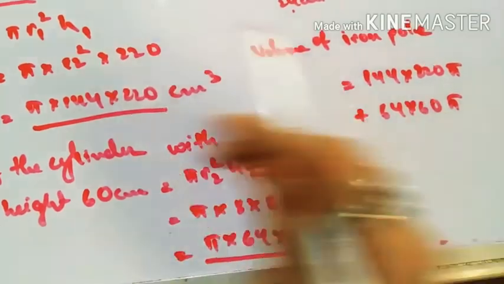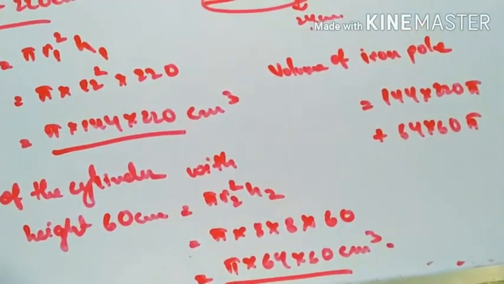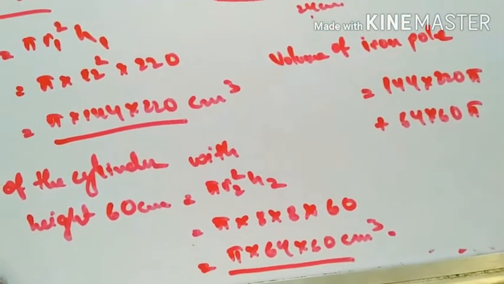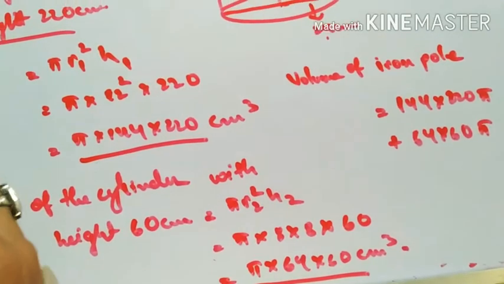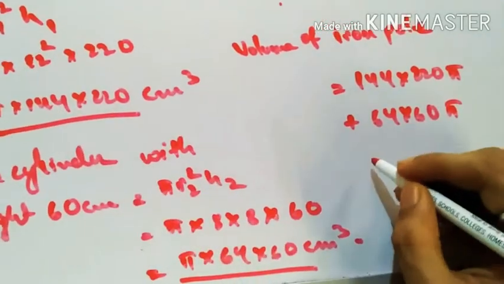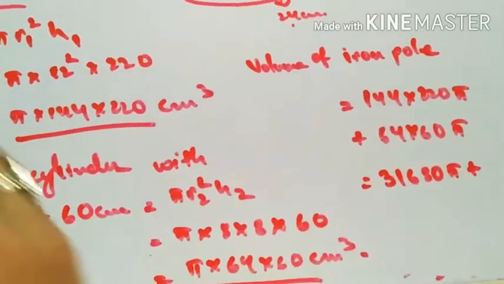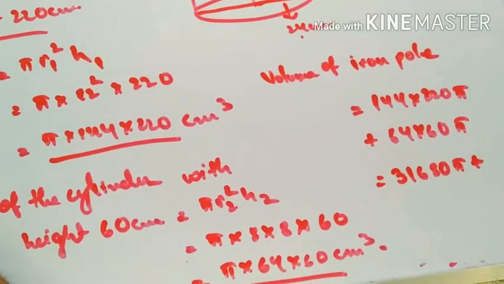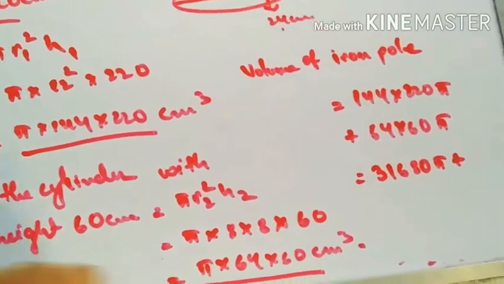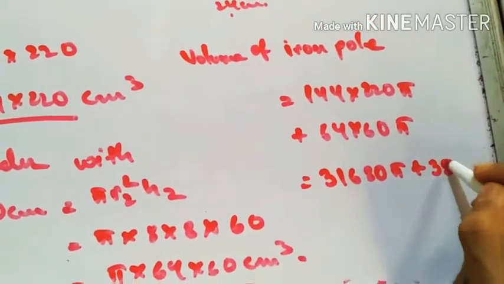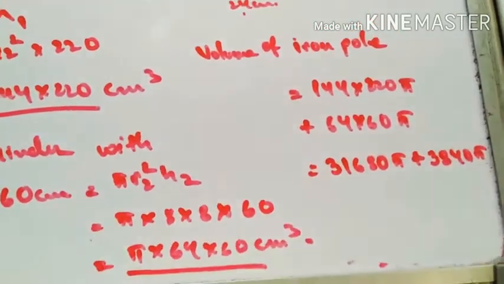So if I add it, how much will I get? 144 into 220, I will get 31680 pi, plus 64 into 60, I will get 3840 pi.